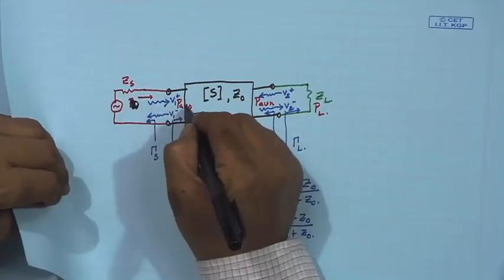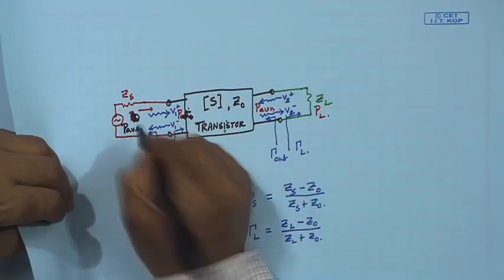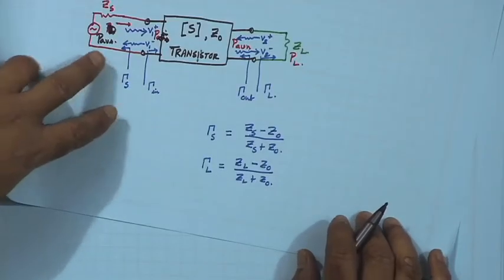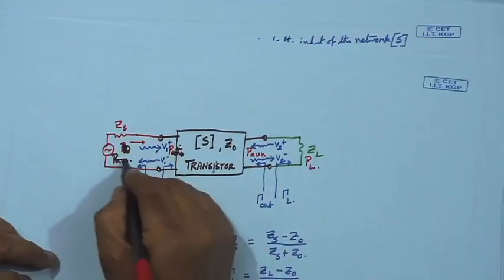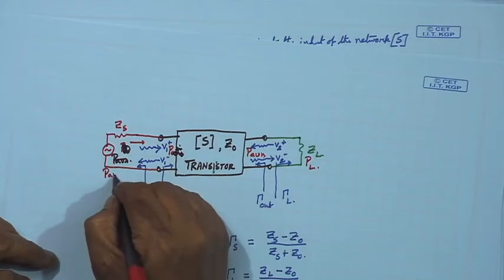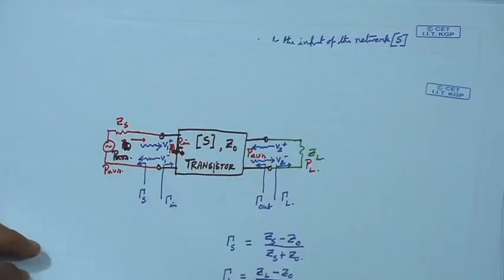Please correct it: this is my P_AVS, power available from the source, this is P_in.